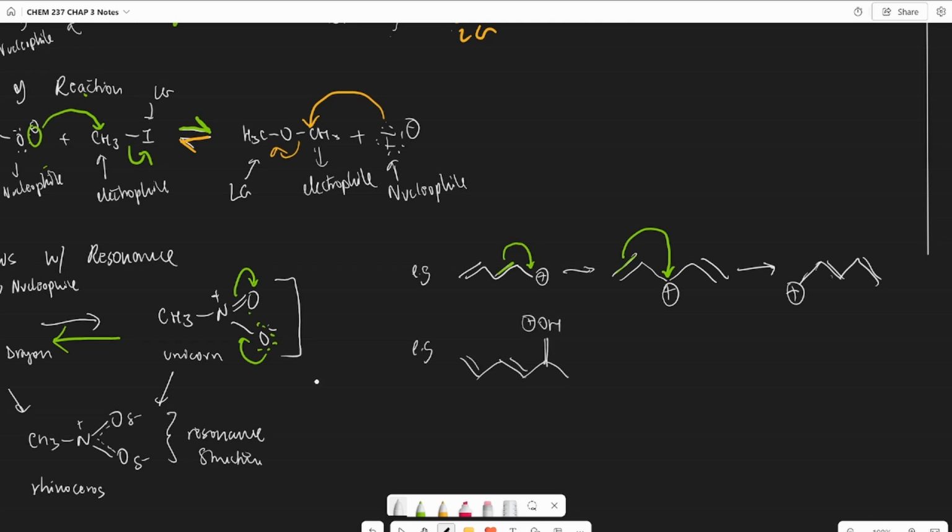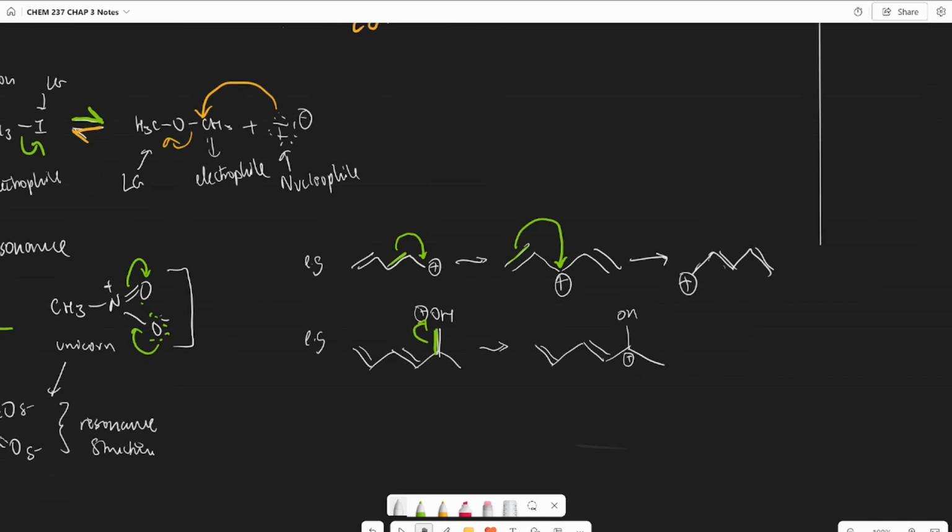Maybe something like this. So these double bonds can be shared to the oxygen, which creates this, with a positive charge here.